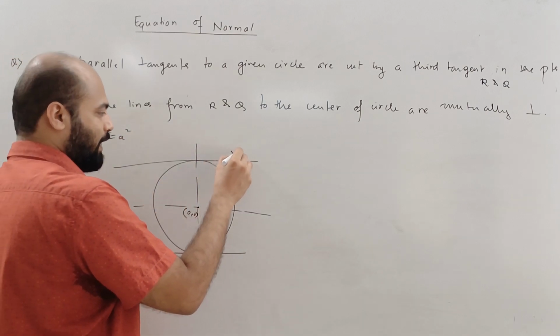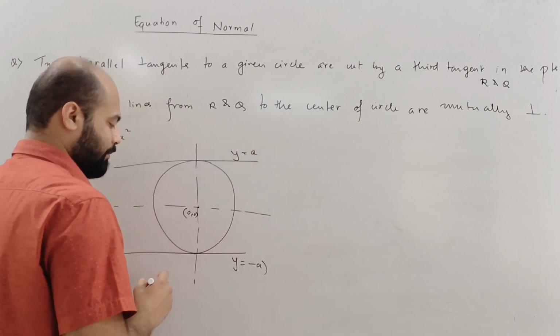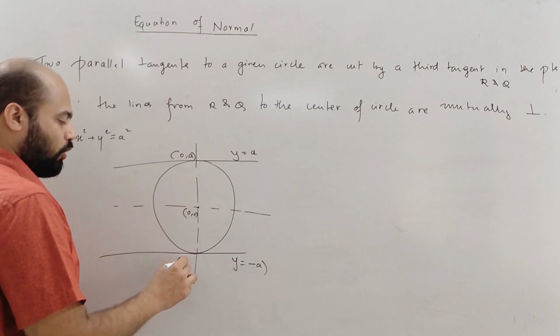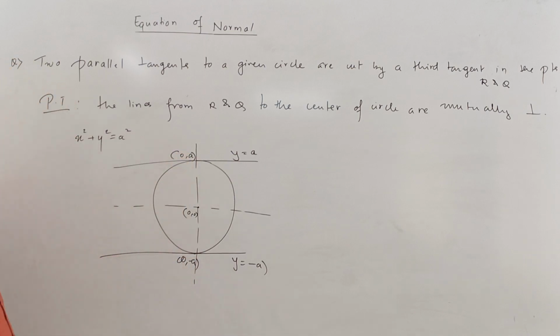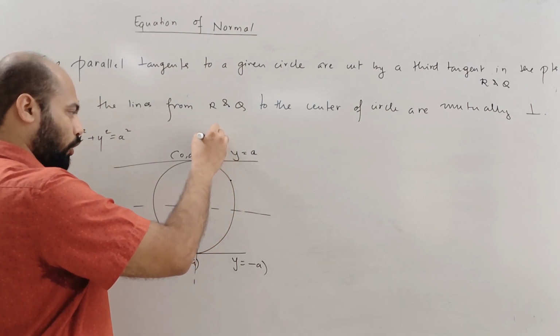And I know that this line obviously is y equals a. This line obviously is y equals minus a, given that this point is (0, a), this point is (0, minus a). Now, at any random point, let's say this point, I am drawing a tangent.